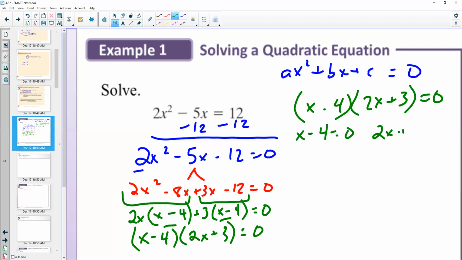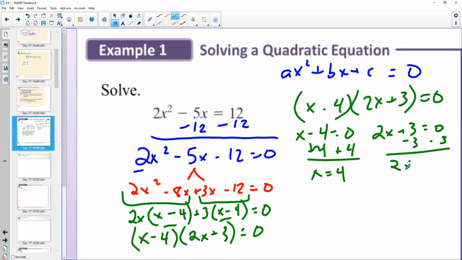And 2x plus 3 equals 0. And now I can solve them individually. Plus 4. So x is 4. And I'm going to solve this side. Divided by 2. So x is going to be negative 3/2 or 4.